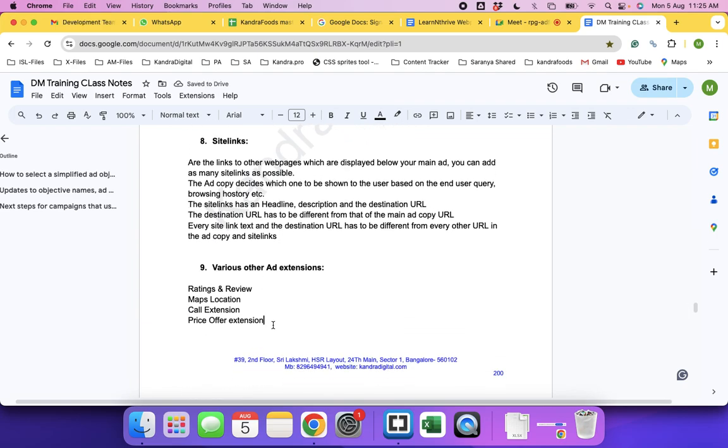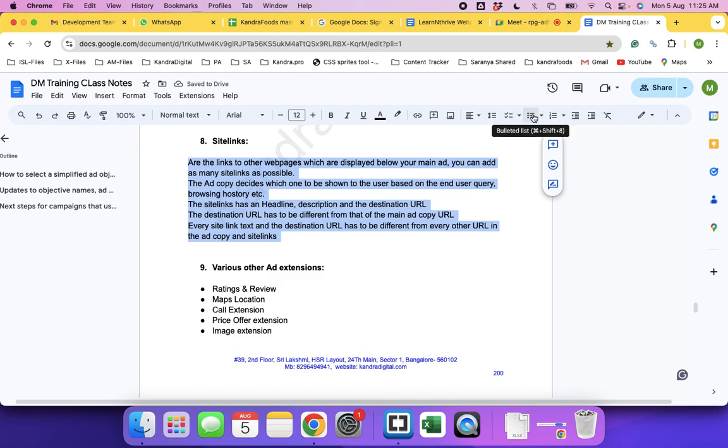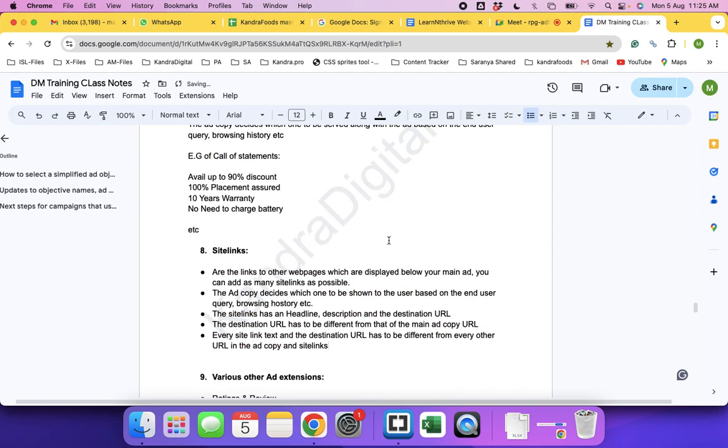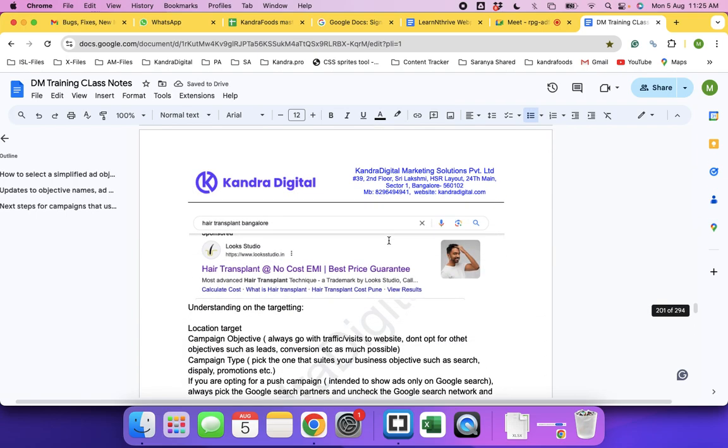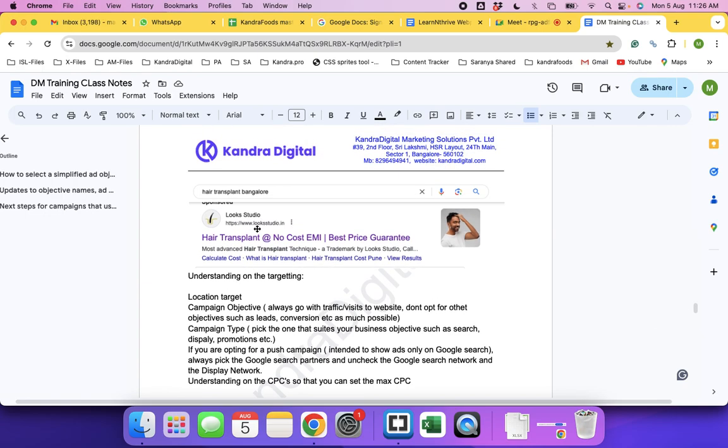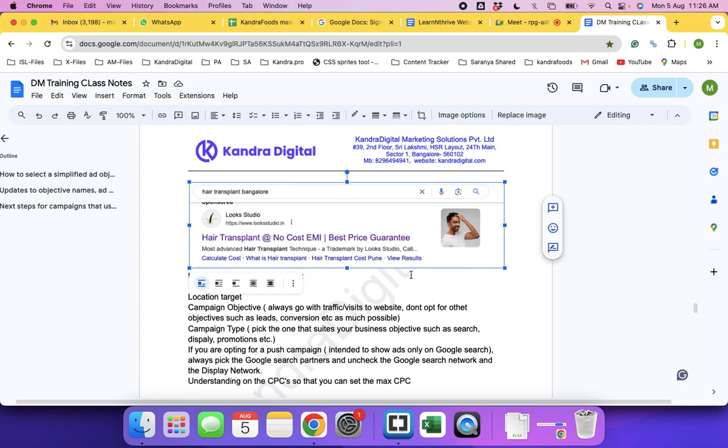So here, image extension. Okay. This is how your ad copy looks like.